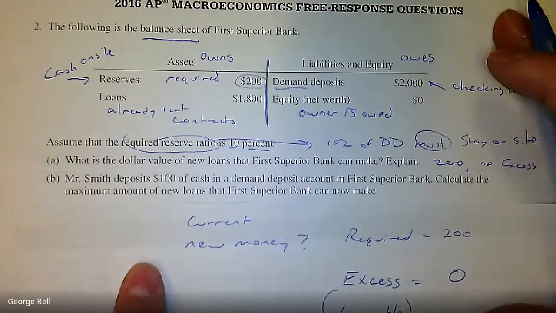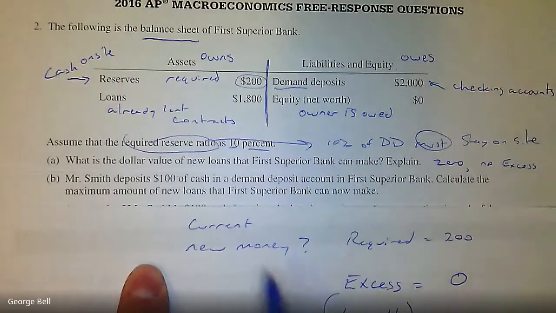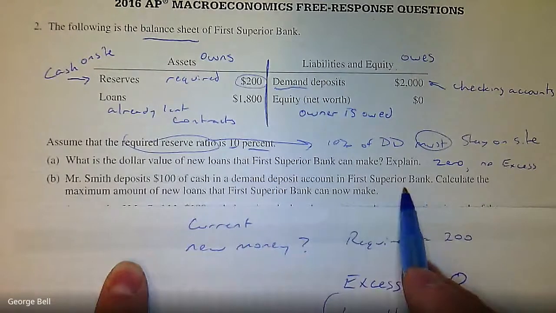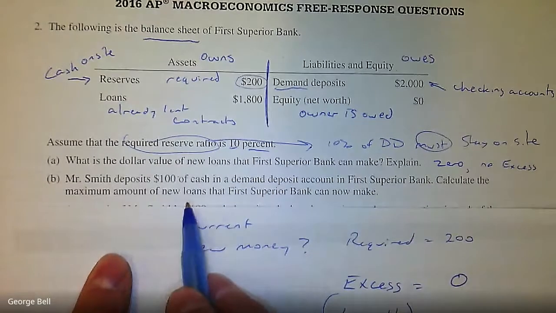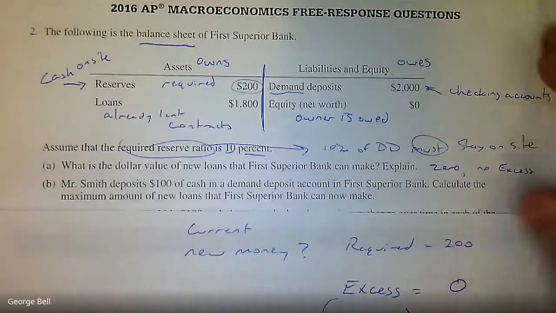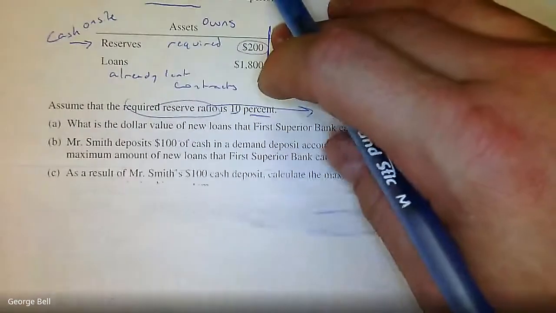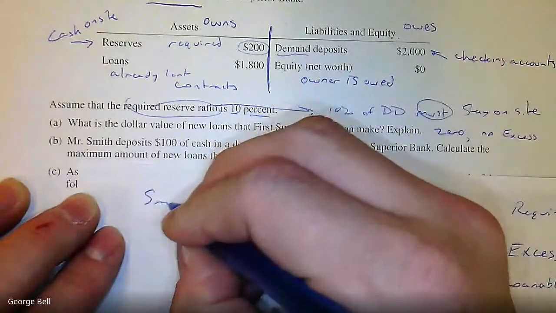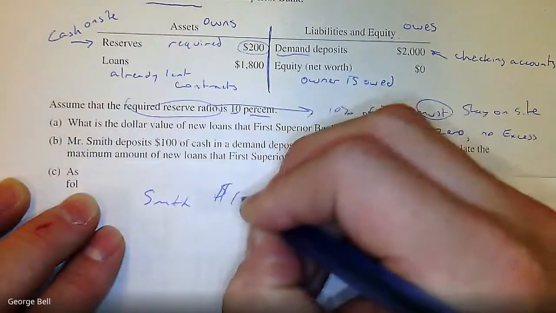So letter B. Letter B says, Mr. Smith deposits $100 of cash in a demand deposit in the bank. Calculate the maximum amount of new loans that First Superior Bank can now make. Okay, we're in business now, because now the bank can start doing some fancy stuff. Mr. Smith just deposited an additional $100.